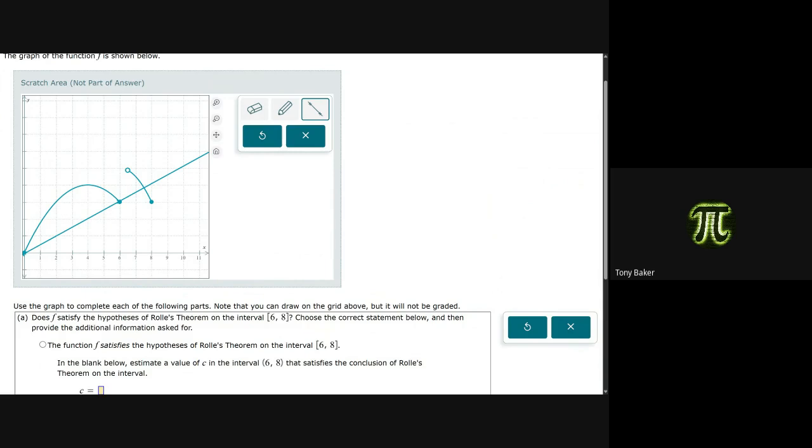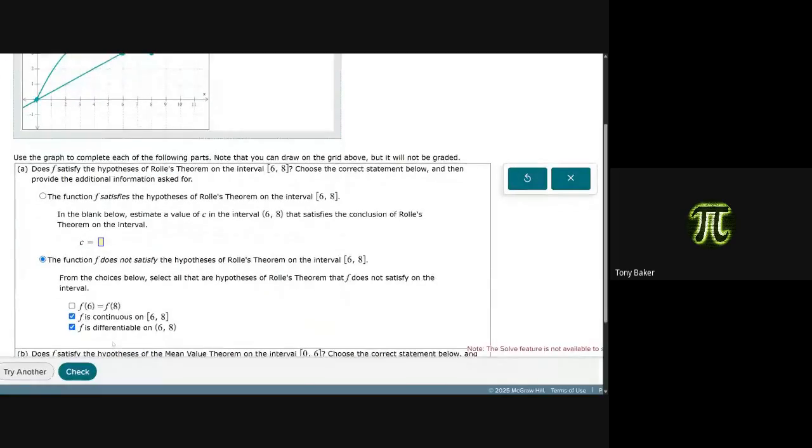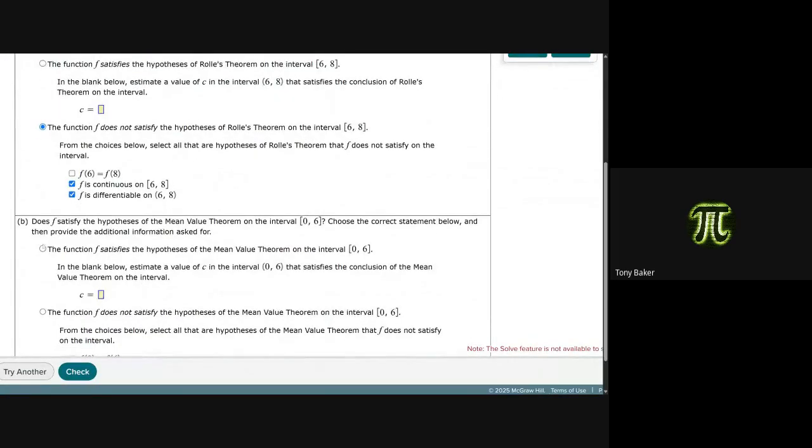Is it continuous between 0 and 6? Is it differentiable between 0 and 6? Yes. It does not have to equal each other. So, yes to both those. So it does satisfy the mean value theorem.